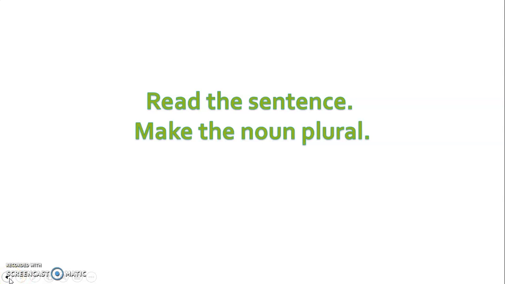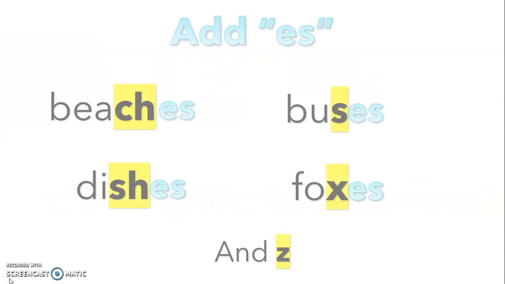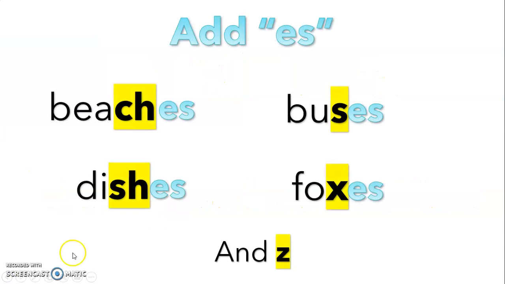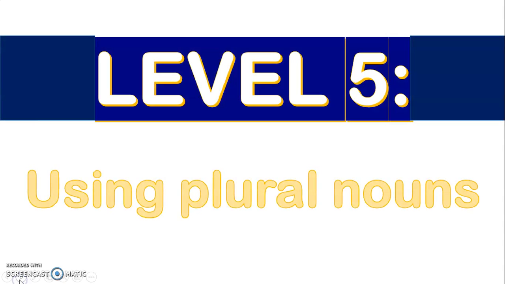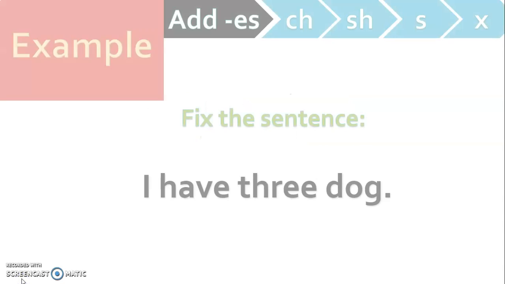There's add s, and there's our special rule of adding es. But we only use es when words have these special endings. So you've got to be on the lookout for those as well. All right, let's get started here.